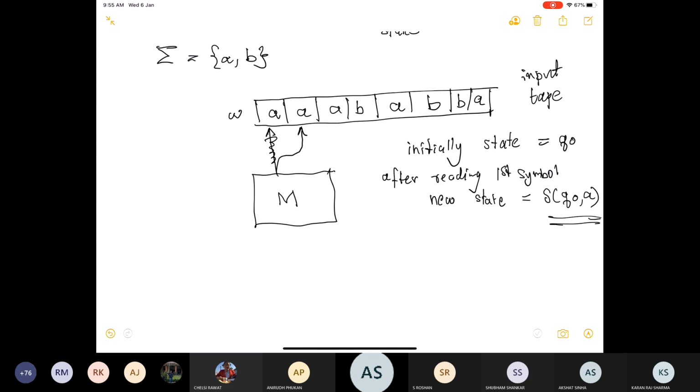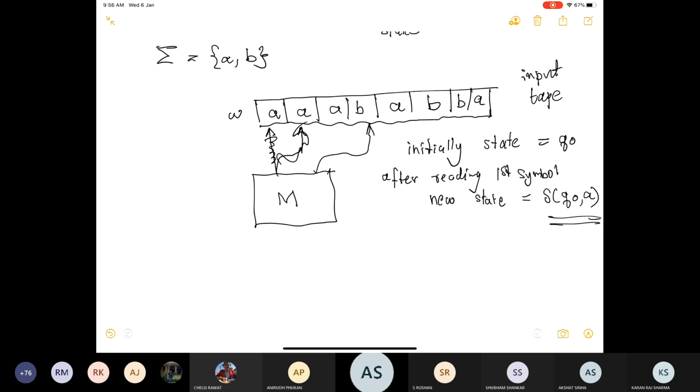So at any stage, the machine would be reading some symbol in the string, and it will be in some state q.